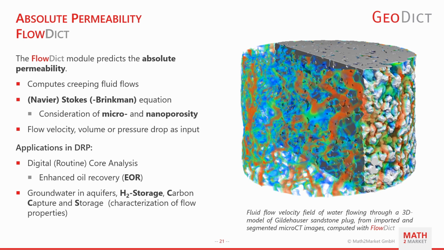This is especially useful when the resolution is not sufficient to display the pores within a structure correctly. But I will also show you an example for that case later. Further applications are enhanced oil recovery, groundwater in aquifers, hydrogen storage, or CO2 sequestration.